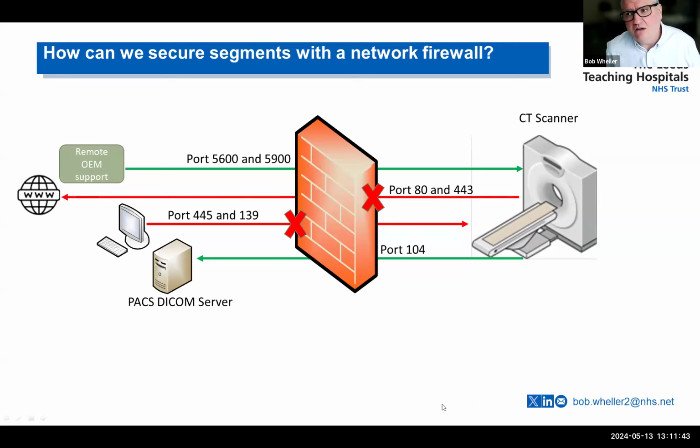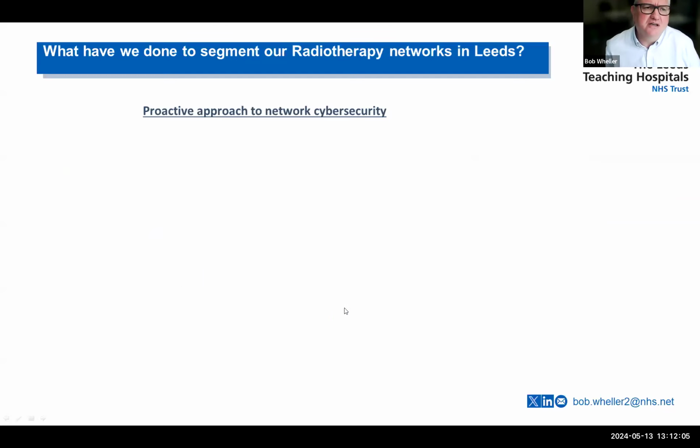The firewall, although it's fairly simple to manage, gives us a lot of control. In reality, we block everything with the firewall, and then we add exceptions for the connections that we do allow. So our medical device segment firewalls are extremely explicit about their connections.